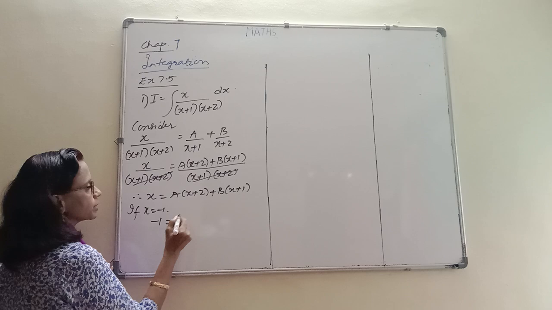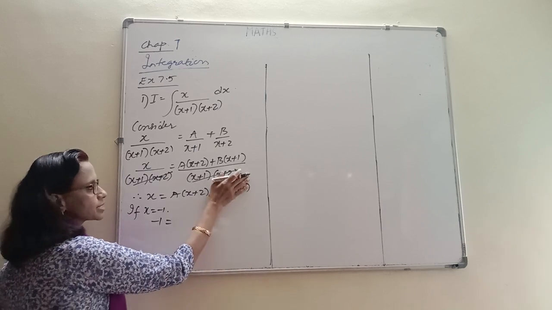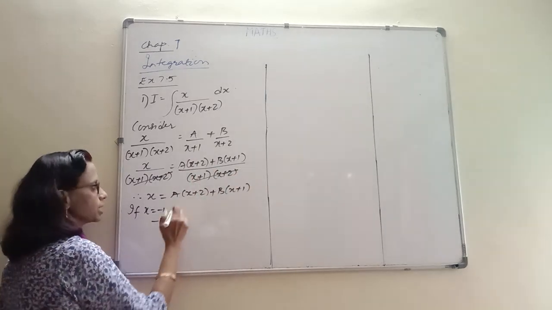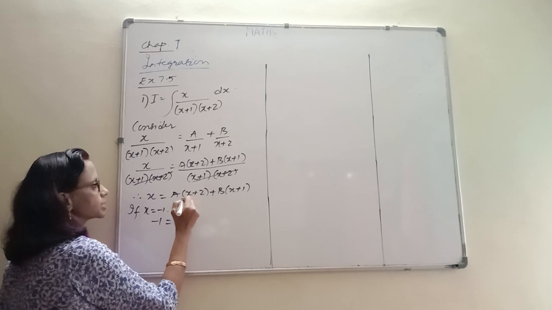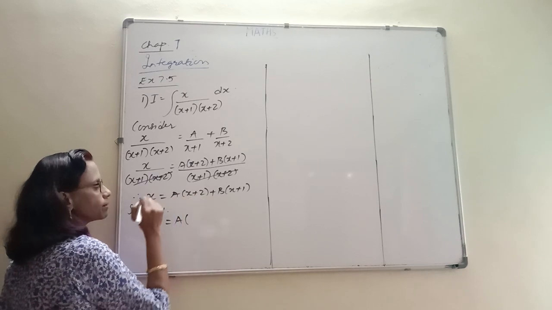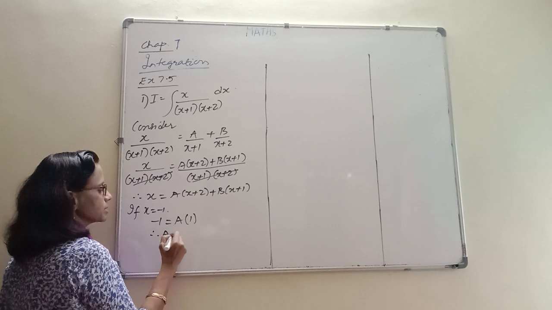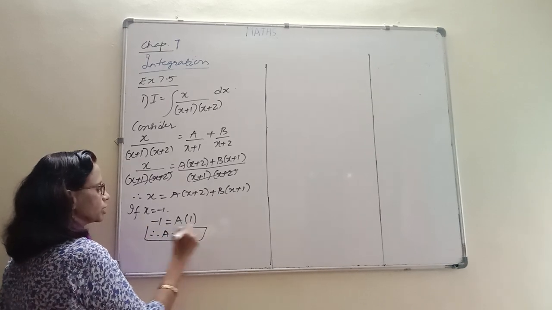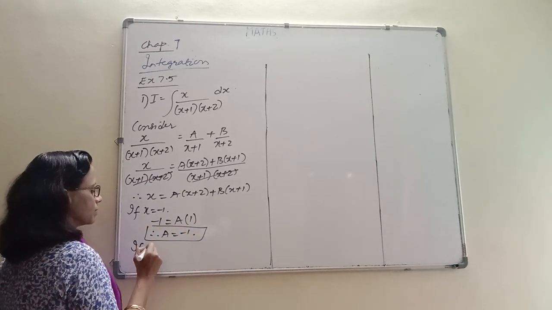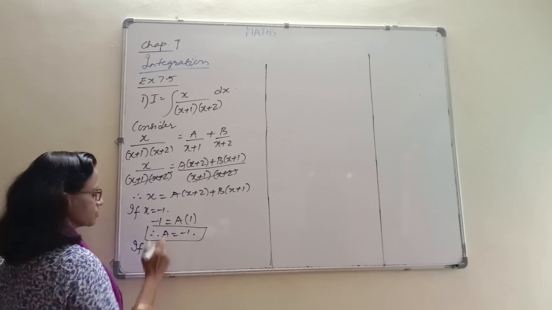It's minus 1 equal to a times... the term with x plus 1 is gone. There is no b term, only the a term. So it is a times minus 1 plus 2, which is 1. That way a becomes minus 1. So you have got the a value. Now to get the b value, substitute x as negative 2.